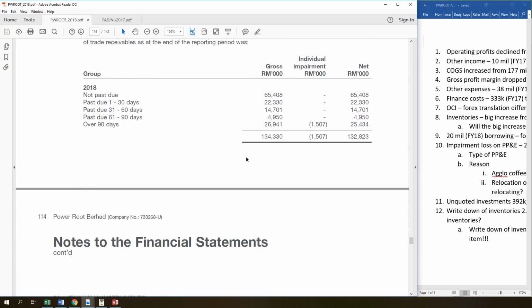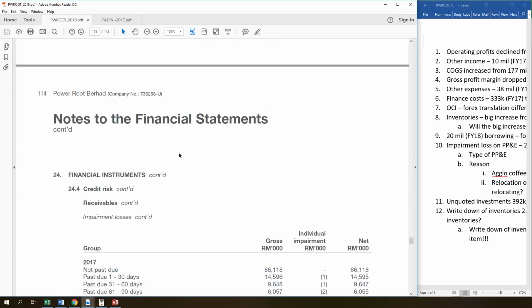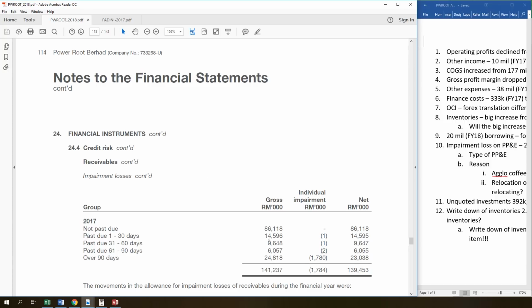Okay, something alarming. You see, over 90 days, 26 million. Okay, the net is 25 million. How about 2017? 2017 is 24 million. Okay, net is 23 million. So this is a red flag. We have to take note.